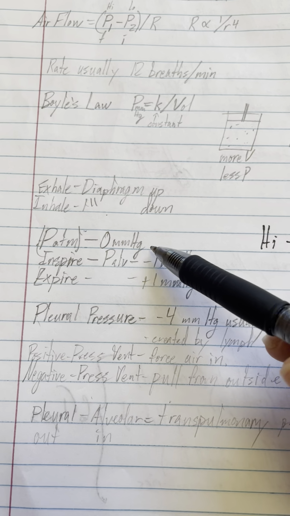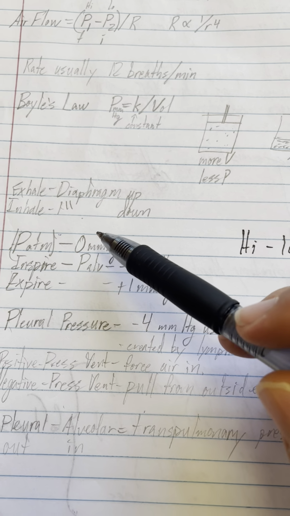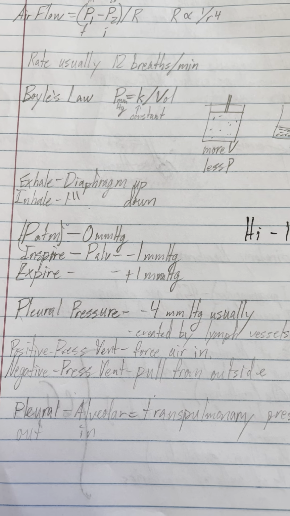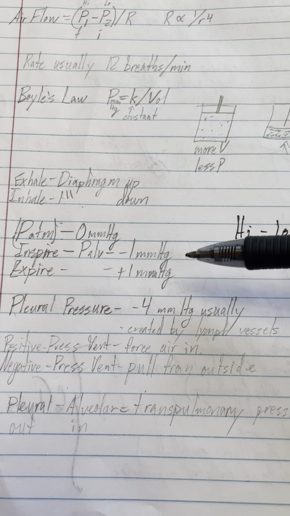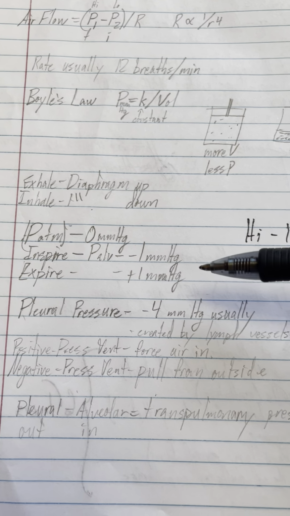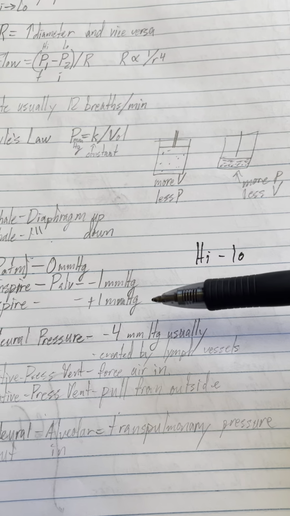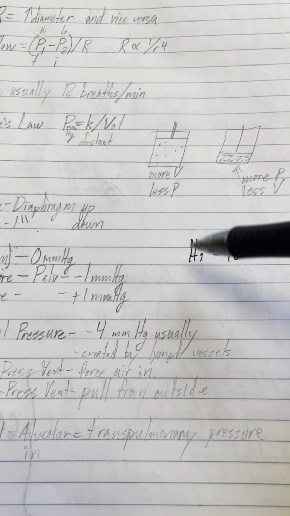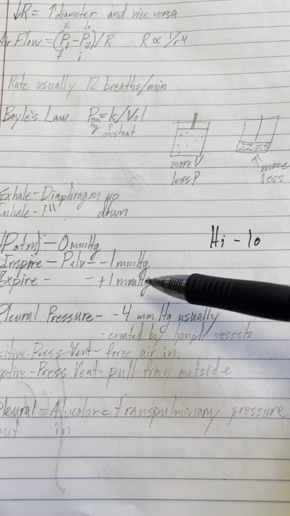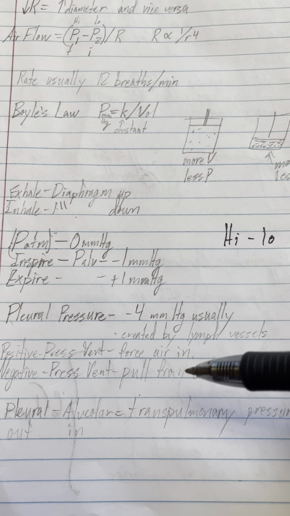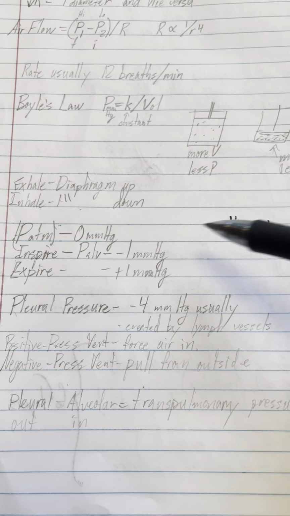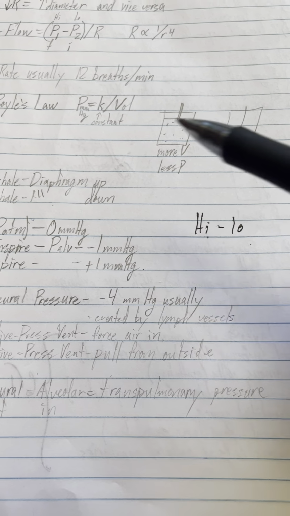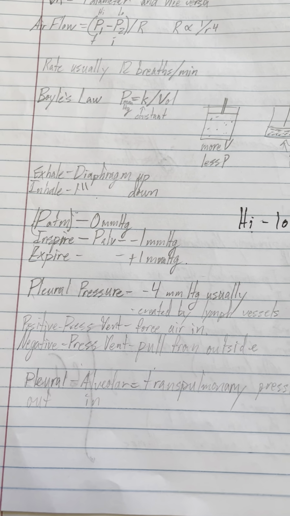So if we have a 0 here at atmospheric pressure and a negative here in our alveoli, then we're going to be pulling in air. To expire, we change that and we increase the pressure within the alveoli, and that causes us to expire because we've exceeded atmospheric pressure. We are now high in the alveoli and low in the atmosphere, so we breathe out.